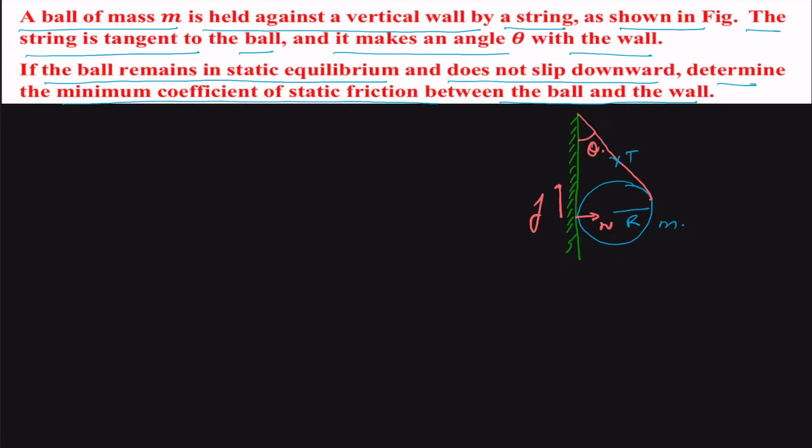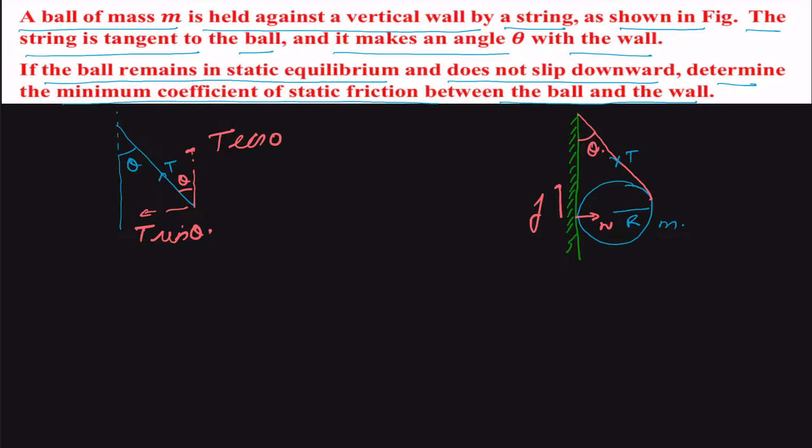Suppose this is the vertical and this angle theta, we have a tension T, and this tension T we can divide into two components. This angle will also be theta, so we get T cos theta and T sine theta.